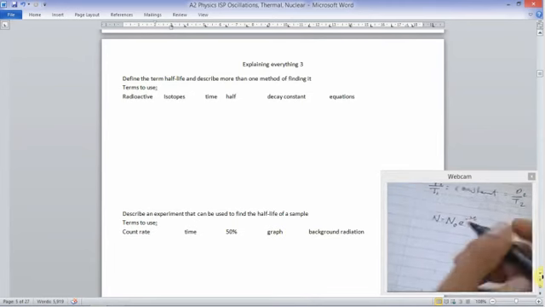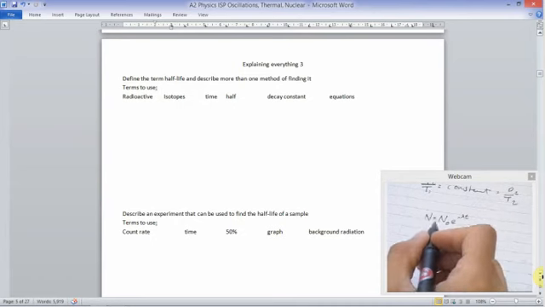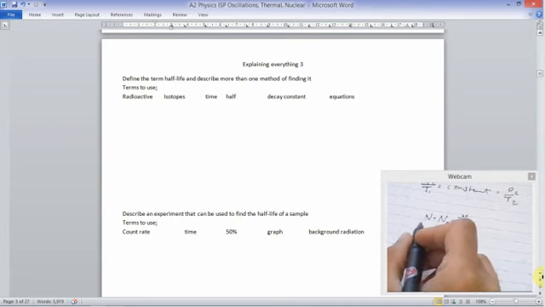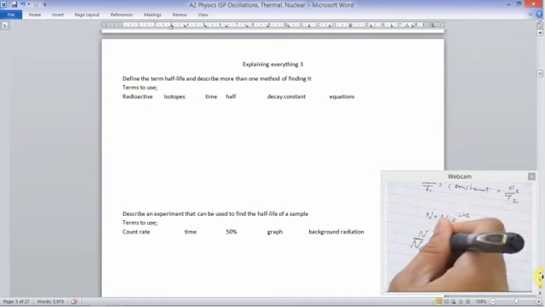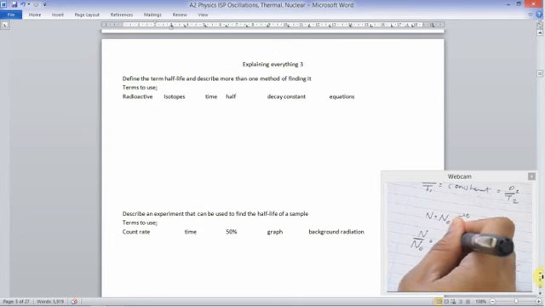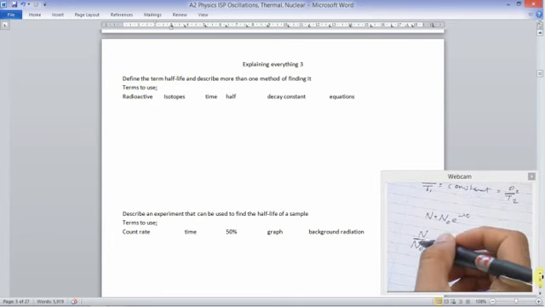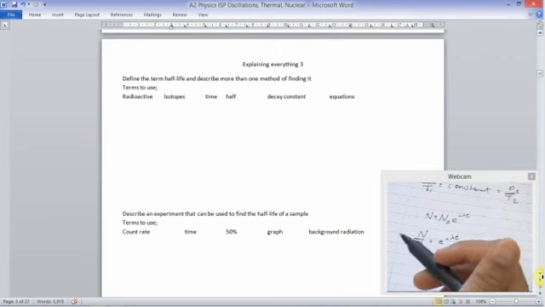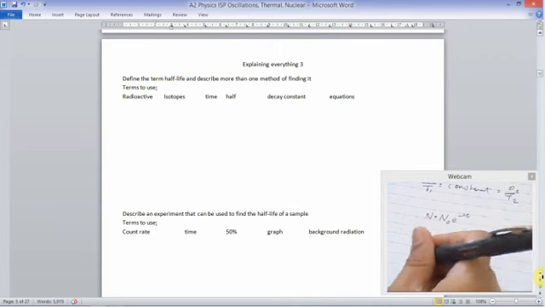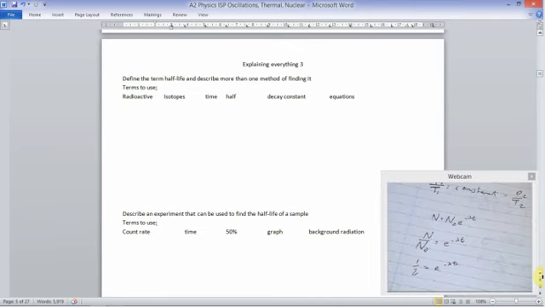The half-life will be the time t, so that is going to be when N over N naught, let's just write it all out and then I'll explain. N naught is your original value, and N is your current value. So when that value is equal to a half, your value of t you can figure out using an expression.